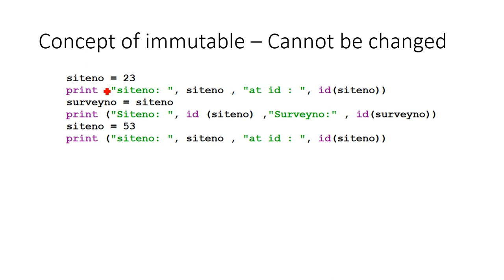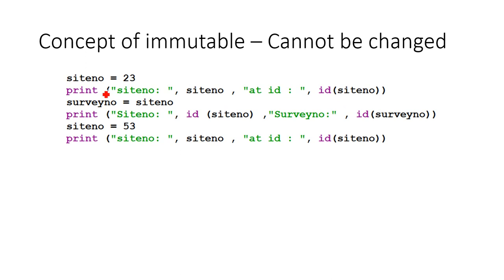To give you a better understanding of the immutable concept, in addition to printing the variables, we have also included the ID of the site number. It's a kind of address. ID returns the address where the particular value is stored in memory.